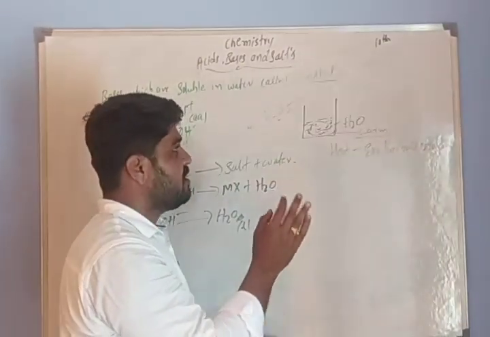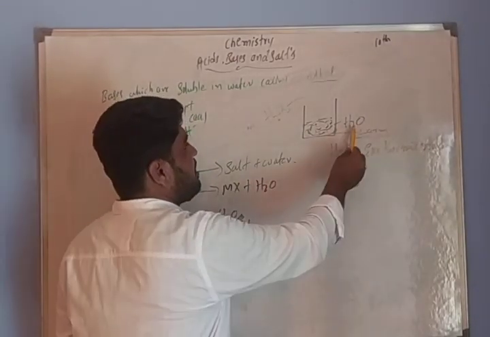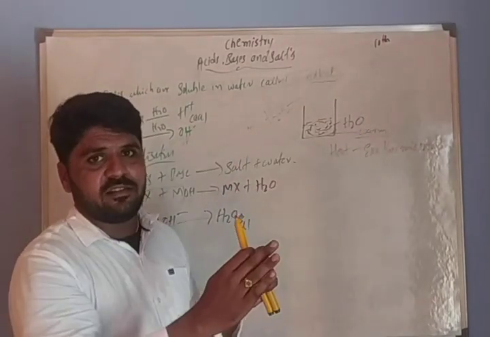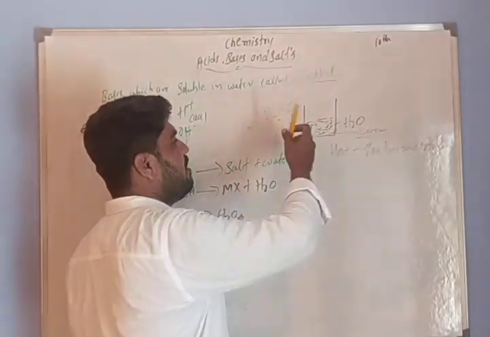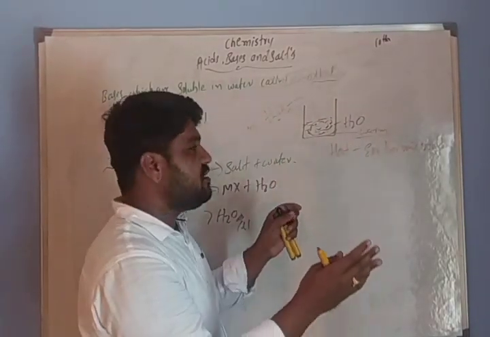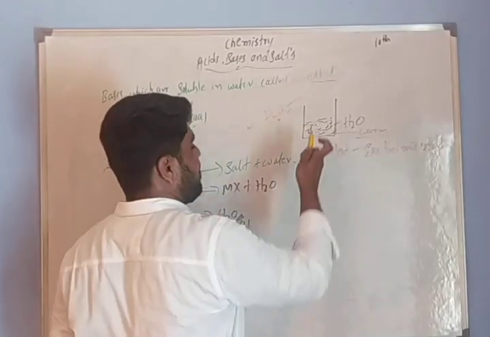If in case you add the water to the acid, what happens? It is highly vigorous. Sometimes it catches fire and the containers break. This is not done in your labs. This is the wrong method.